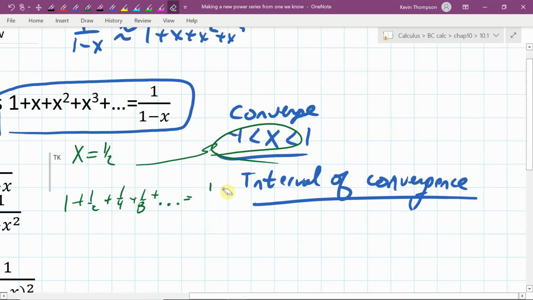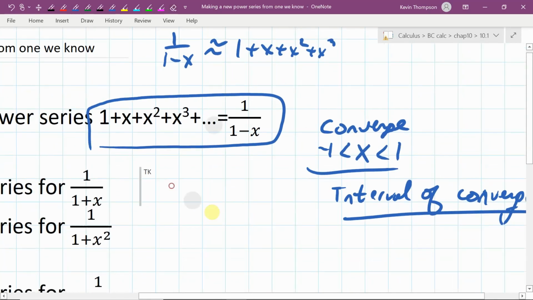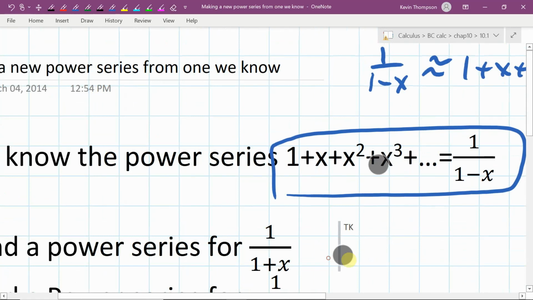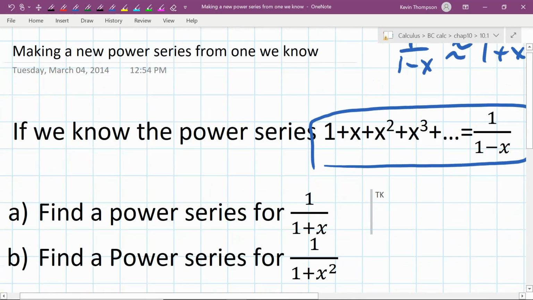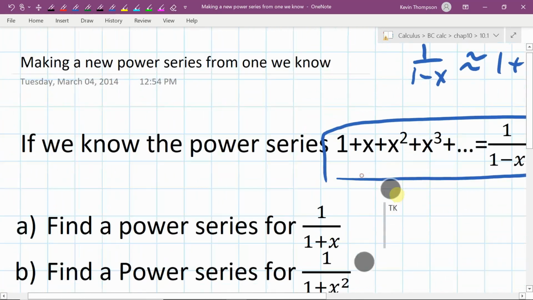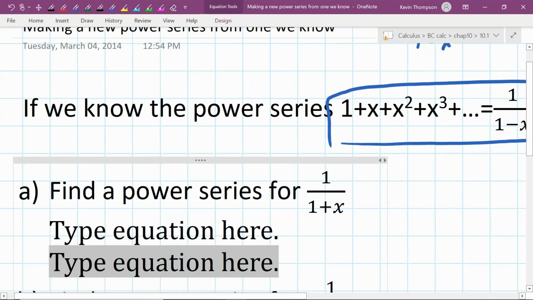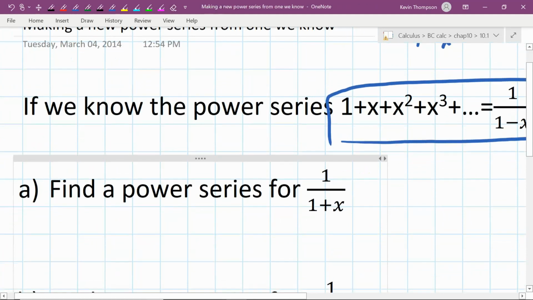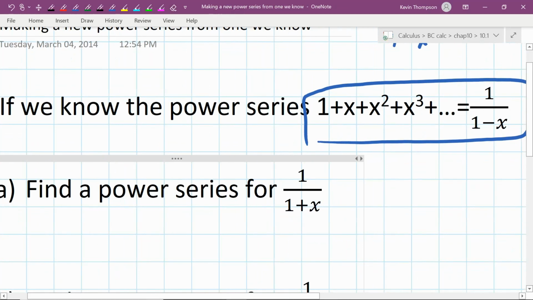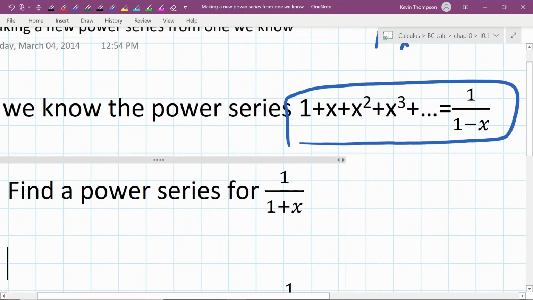So if I can do it with the number 1/2, I can actually do it with a variable as well. So here's the first substitution we're going to make. I want to find a power series for 1 over 1 plus x. Okay? Using what I already know in that blue box.